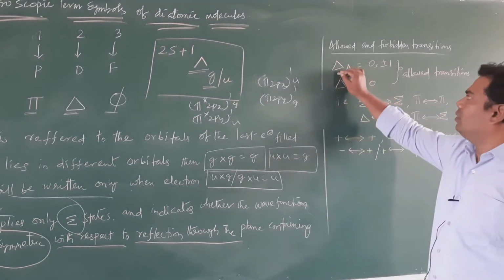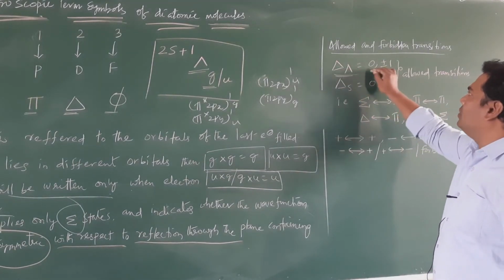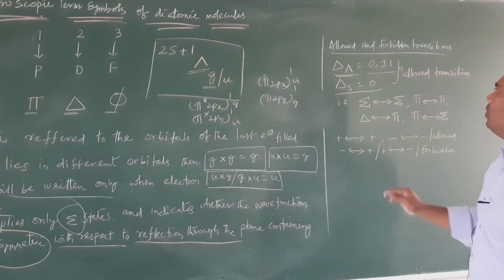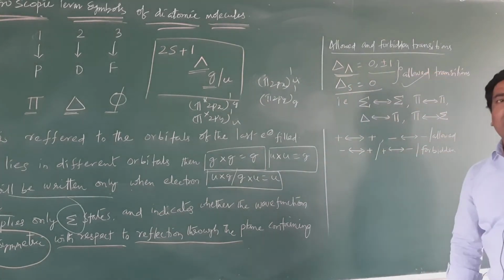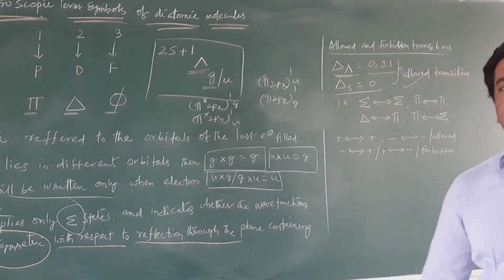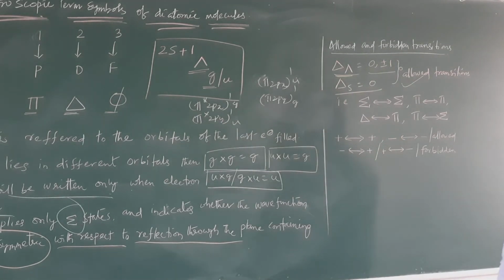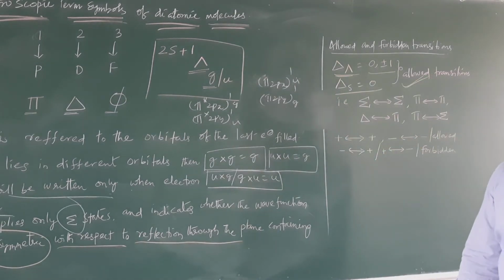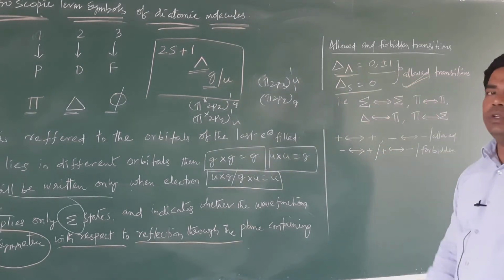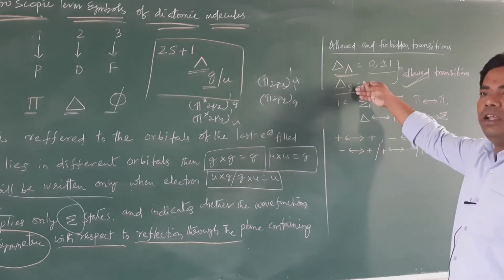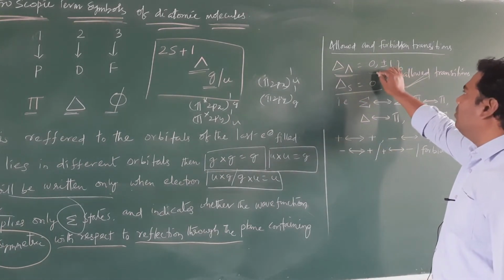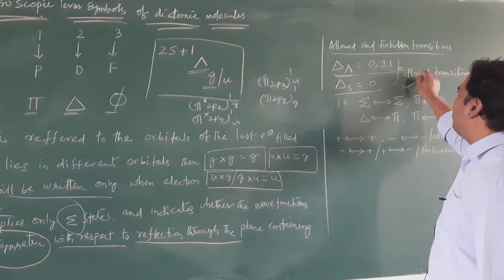Here, delta lambda is equal to 0, plus or minus 1, and delta S is equal to 0, then it is an allowed transition. Delta S equal to 0 means the spin angular momentum is unchanged, and the orbital angular momentum change is 0, plus or minus 1, so this is allowed.